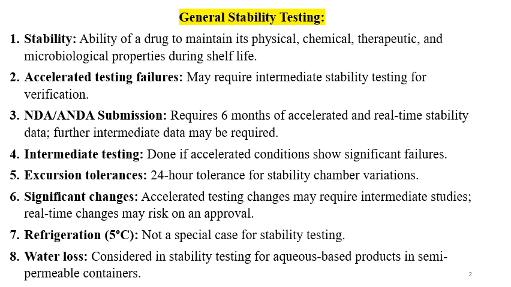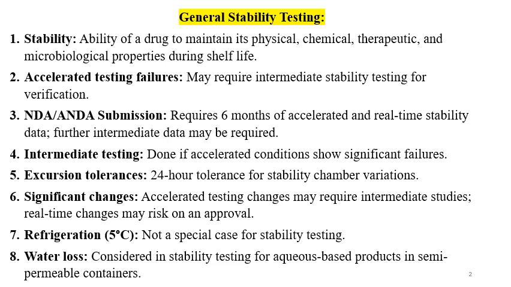Accelerated testing failure. If the product fails at accelerated condition, it may require intermediate stability testing for verification. Intermediate stability condition samples are loaded along with the accelerated and long-term testing. Then NDA and ANDA submission.